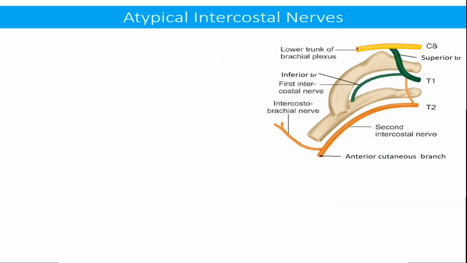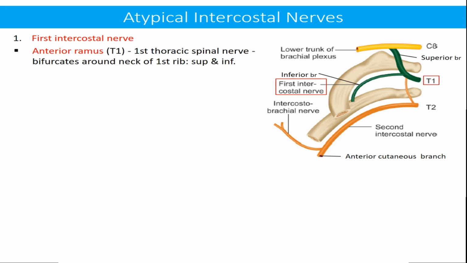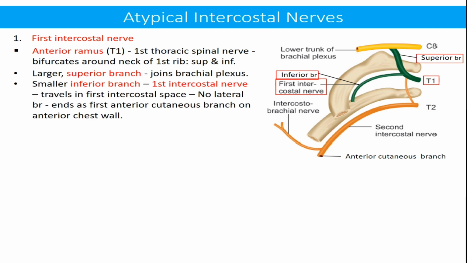Second group of intercostal nerve is atypical intercostal nerves, which comprises first two and last five intercostal nerves. First, the first intercostal nerve. It is the continuation of anterior ramus of first thoracic spinal nerve, which bifurcates around the neck of the first rib into superior and inferior branches.